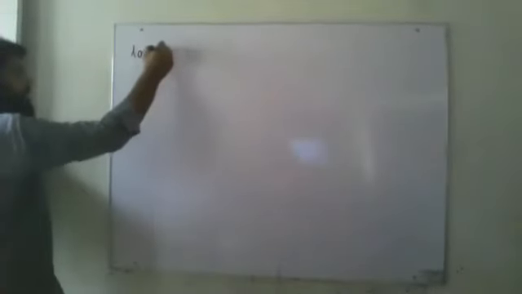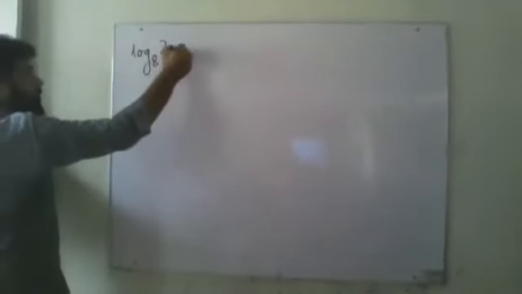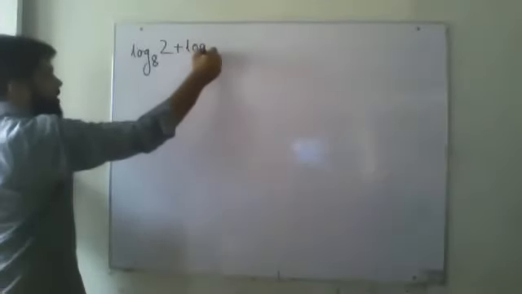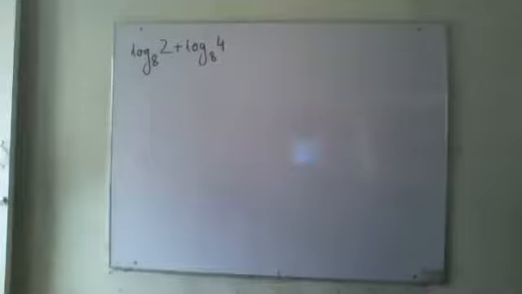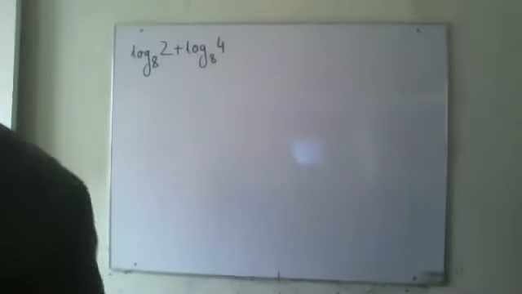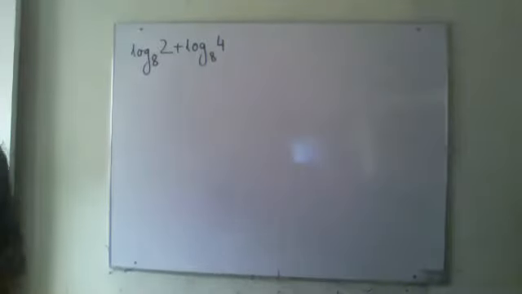Evaluate without using calculator. One of the questions is log base 8 of 2 plus log base 8 of 4. This is the question given to me, and they are telling us to evaluate it without using a calculator.